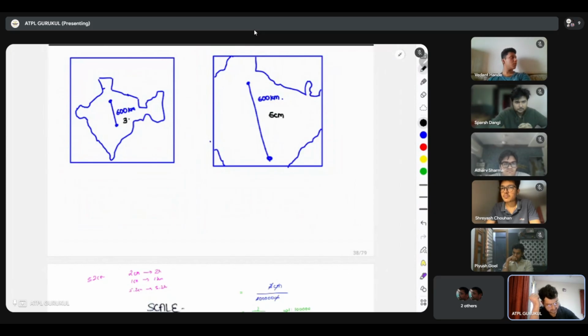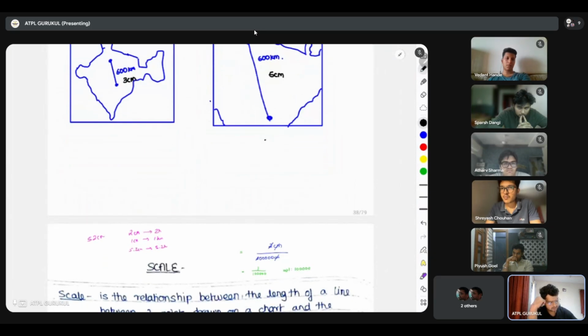This chart distance is 3 centimeters. Any doubt? Calculate the scale for both the charts. 6 centimeters divided by 600 kilometers. 3 centimeters divided by 600 kilometers. Calculate the scale.